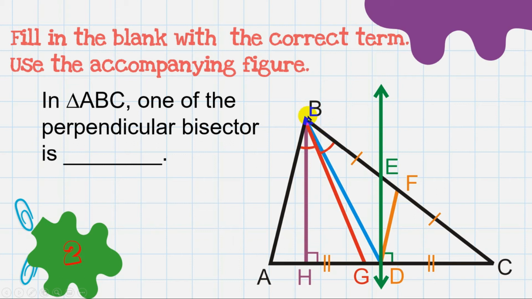We also have line segment BG, and also line segment BD, or itong line BE, o baka naman itong line segment DF. Again, pag sinabing perpendicular bisector, it should be at the middle and it forms 90-degree angle. And it's no other than line DE or ED, okay? So, line DE or line ED.